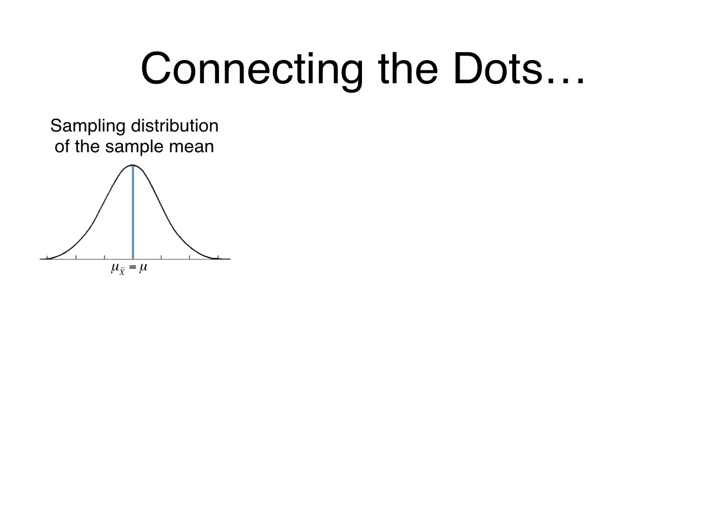So now I just want to connect the dots with some of the concepts that we've talked about so far. So first, the sampling distribution of the sample mean. The idea of repeatedly sampling a population, each time calculating a mean, and how these sample means will approximately follow a normal distribution centering around the true mean. We know that 95% of the sample means will be within plus or minus 1.96 standard deviations of the true mean.